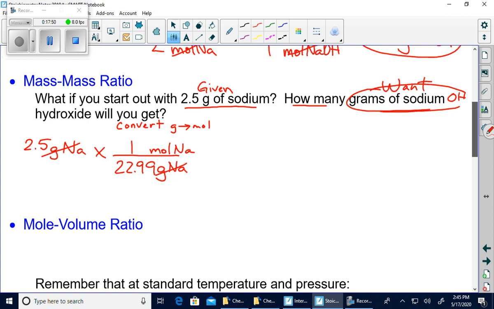All right. So now, next, this is the important step. This is my mole ratio step. This is where I look at my balanced equation and I get my mole ratios.